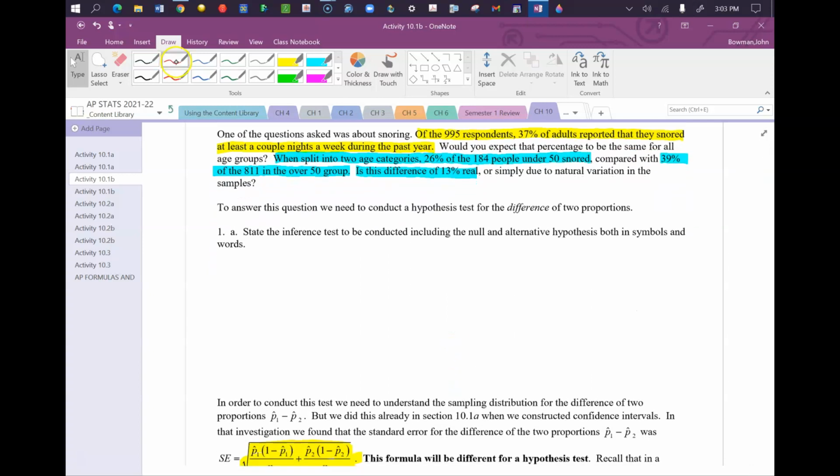And so our hypotheses are going to look something like the following. H naught: the proportion that snore that are over 50 is equal to the proportion that snore under 50.